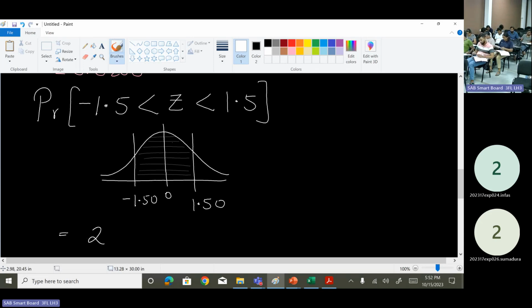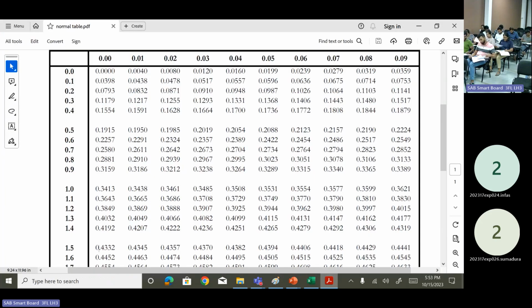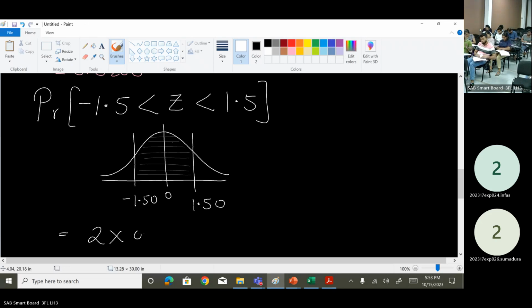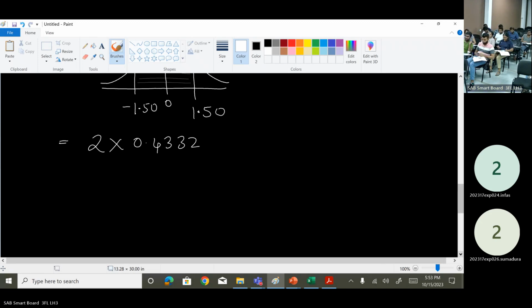So this is 2 times this area. If you refer 1.5, it will be 0.4332. You can multiply it by 2 to get 0.8664.